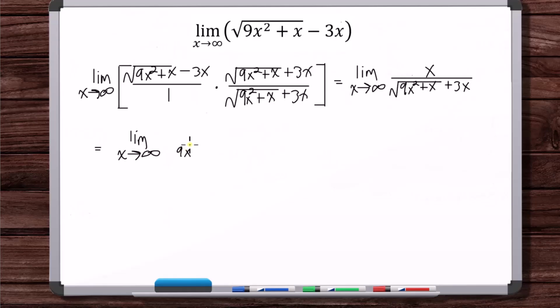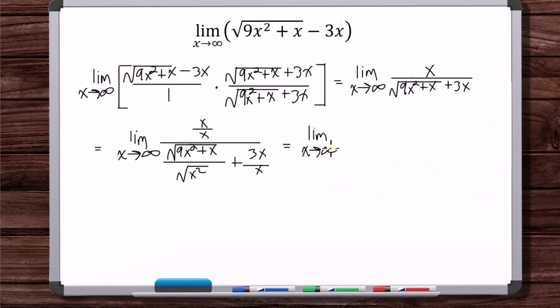We're just going to divide this root term by x in the form of the square root of x squared, but we don't have to think about how this would be equal to the absolute value of x if x was negative. Okay. All right, so this simplifies to, you get the square root of 9 over x plus 1.